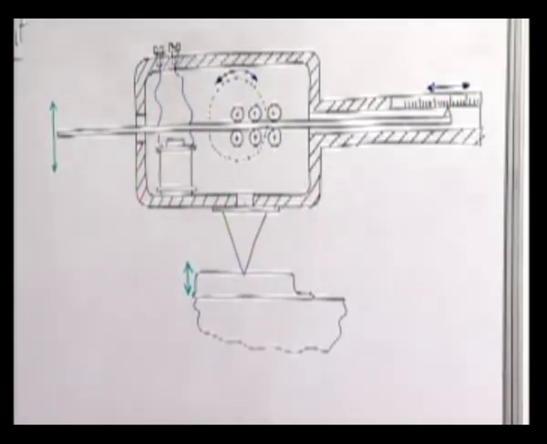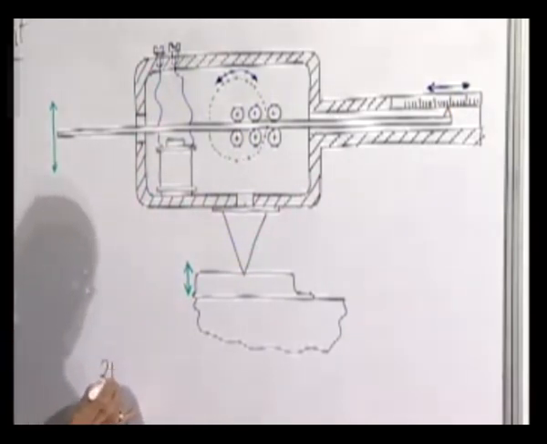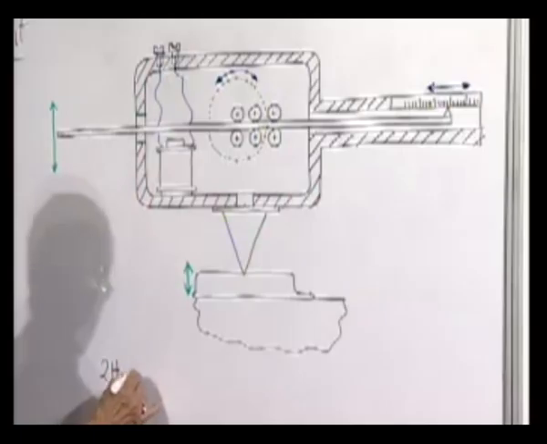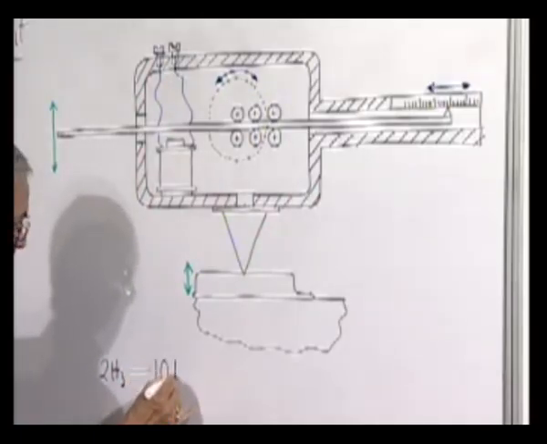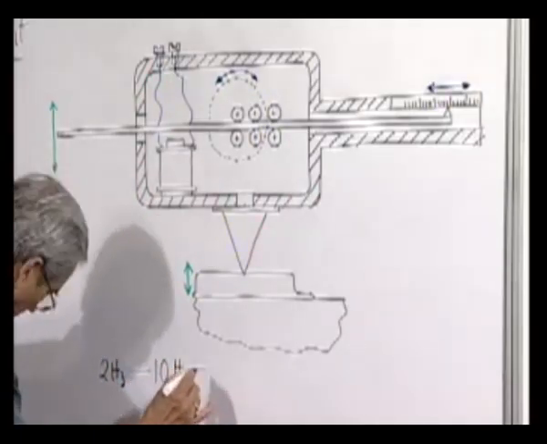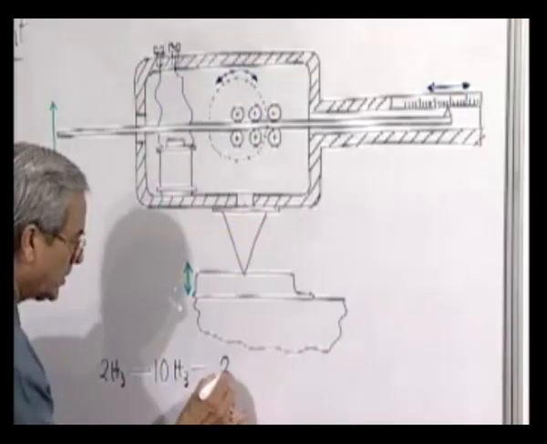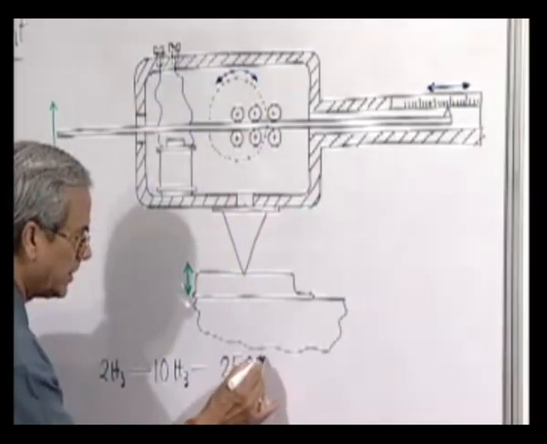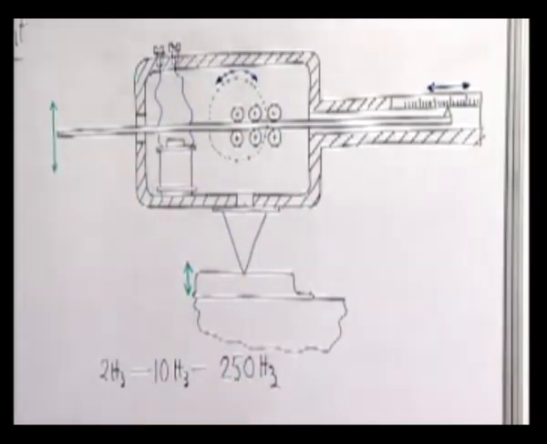Only one thing we have to keep in mind is that the range of this mechanical vibrometer is from 2 Hertz to 10 Hertz to 250 Hertz. This is the effective range in which it can be utilized.